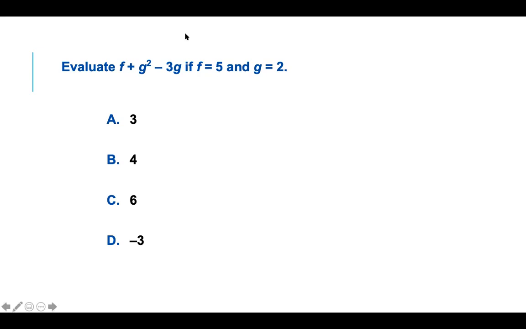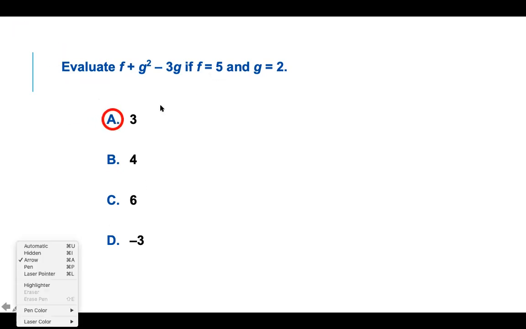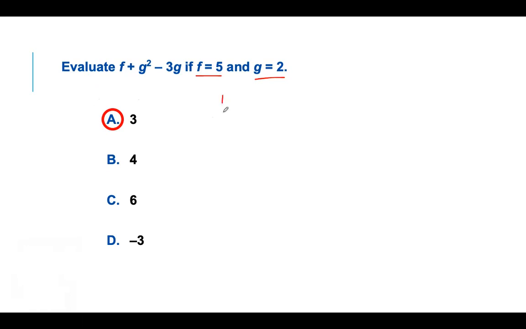All right, so we're going to work on this one here. We need to remember that we have 5 for F and 2 for G. So we're going to plug this in and we should get 3. Everywhere I see an F, I'm going to substitute in 5.